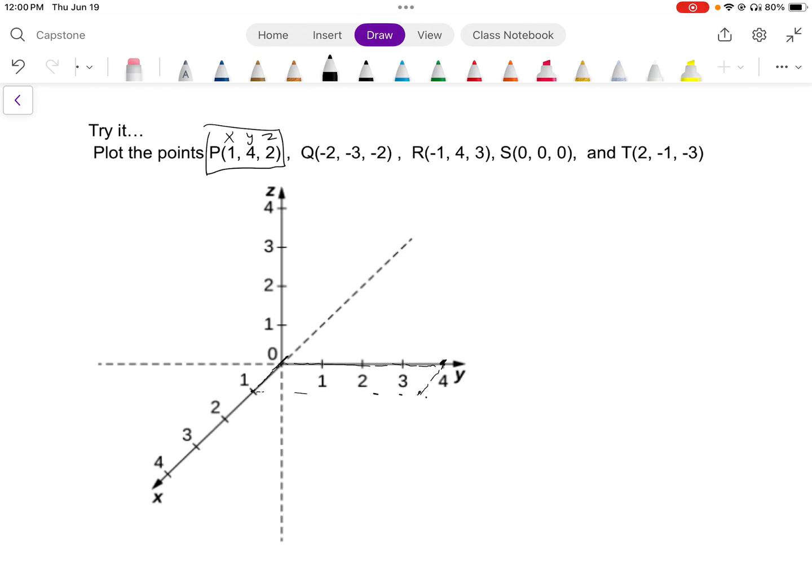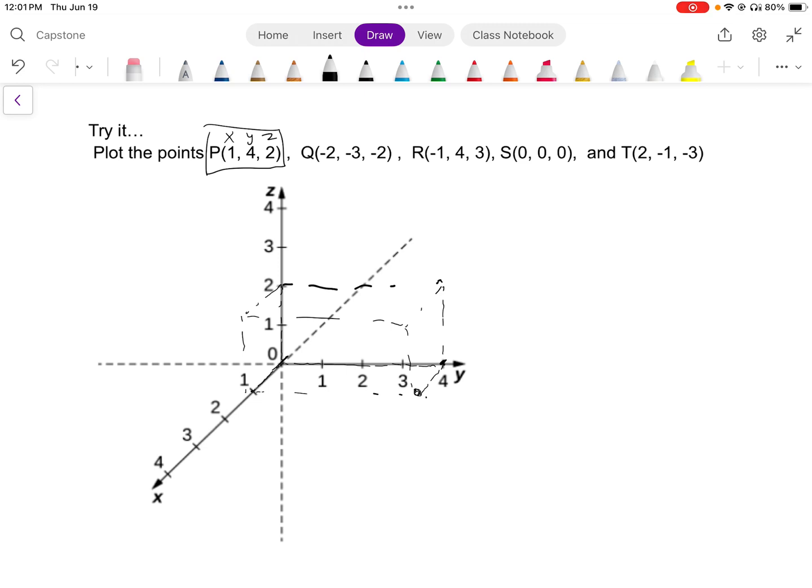Hopefully you see it. Now z is 2. That's 2 up here, and we can draw another little parallelogram over here to show you the relationship between each variable. Now that's going to go over here, and boom.